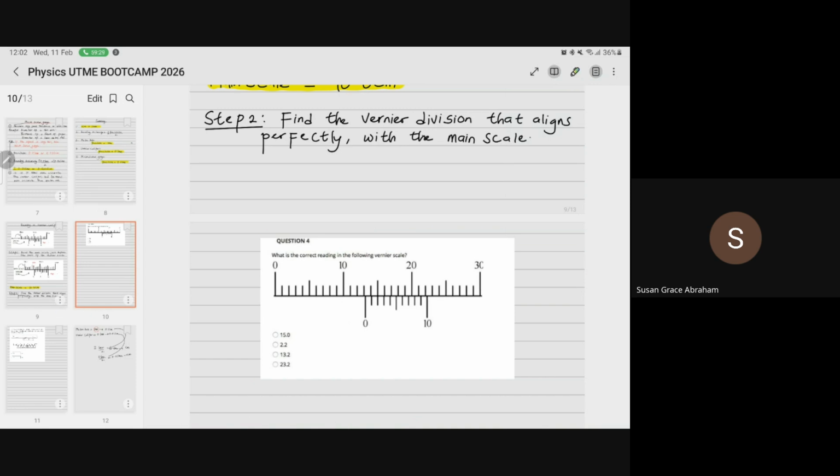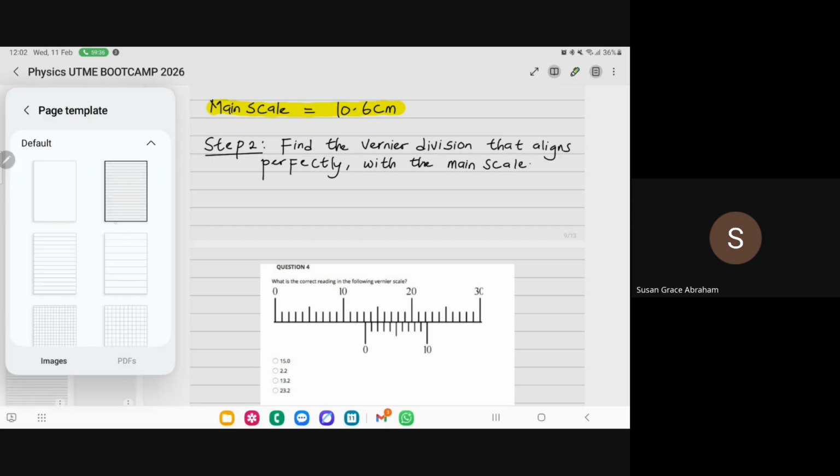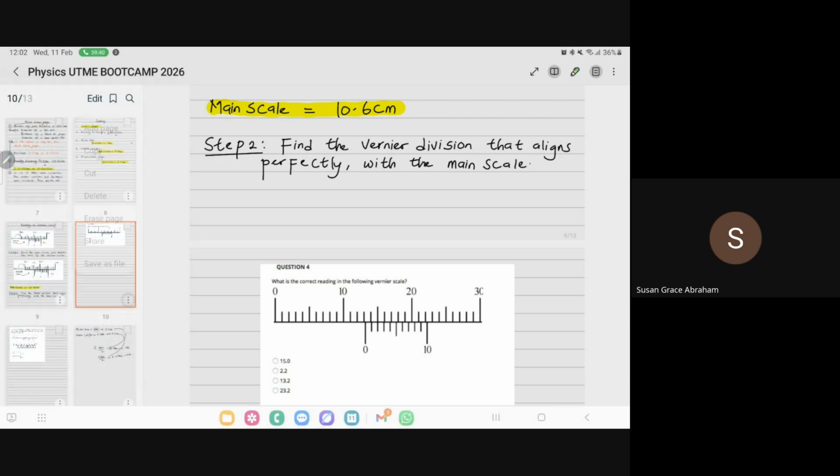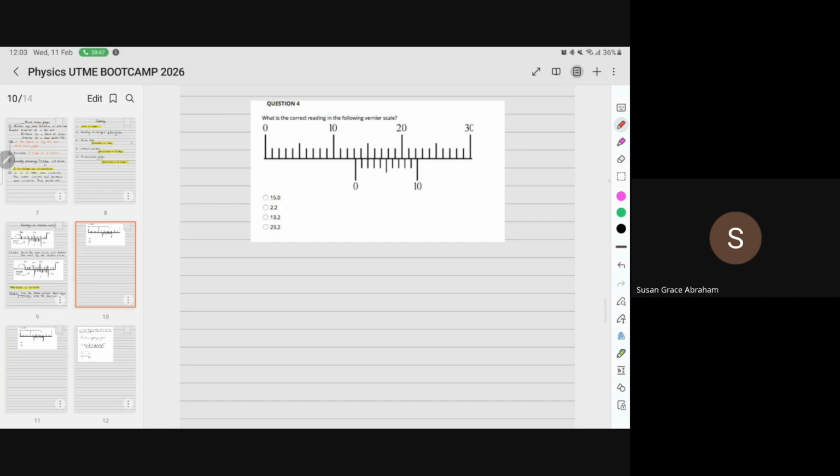So let's have this at page. Copy. Then paste. All right. Great job, guys. So that we'll have it step by step.